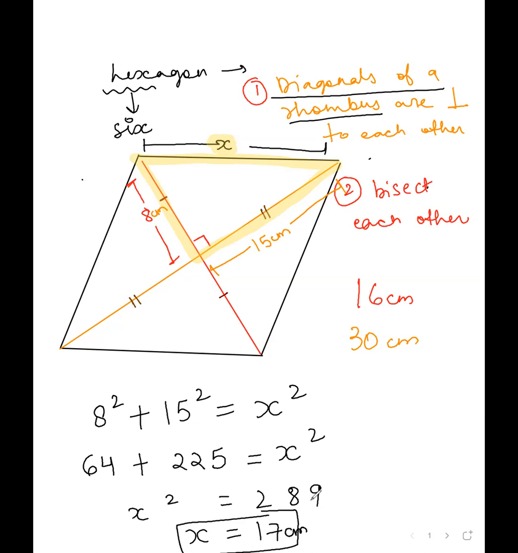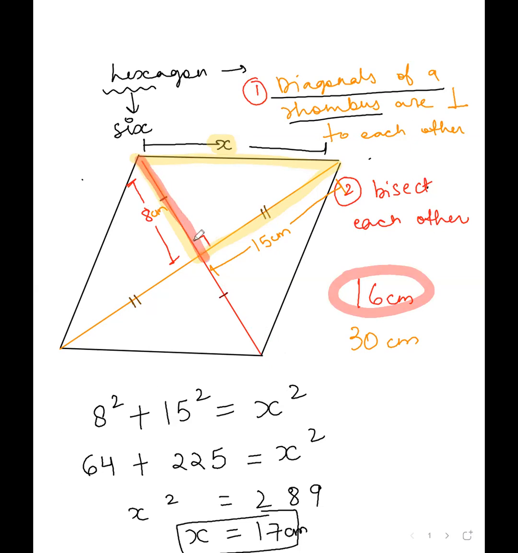Can you explain once again why we have to find the half of 16 and 30? Hiba, what is 16? 16 centimeters is what? What does it denote? The red diagonal. But we don't want the whole one. We just want from here to here, how much is it? Why do we want that?